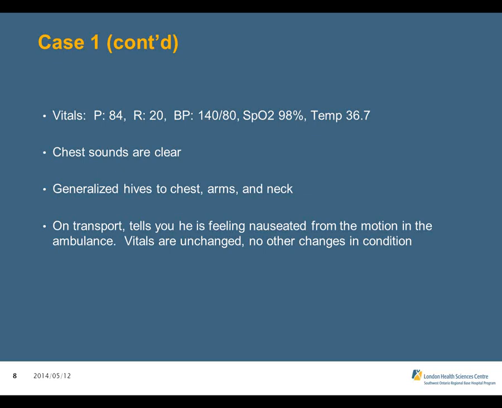Listen to the chest, and he's got no wheezing, no audible stridor. So you decide that this is most likely a minor allergic reaction. On transport, when you load him onto the ambulance, he starts saying that he's feeling nauseated from the motion in the ambulance. You redo your vitals, they're unchanged, and there's no other changes in his condition.